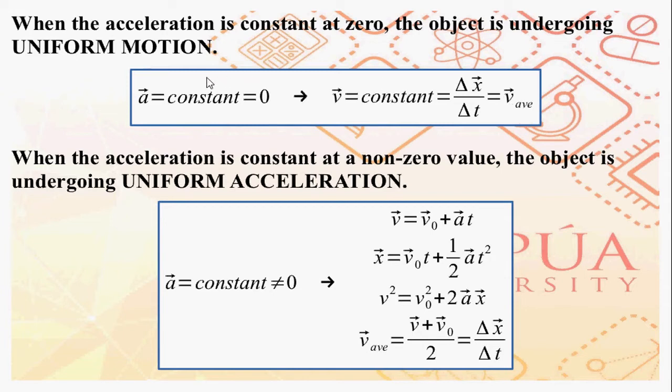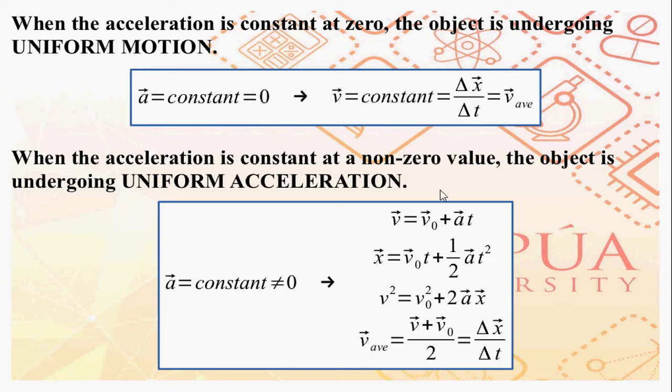On the other hand, when the acceleration of the object is constant at a non-zero value, the object is said to be undergoing uniform acceleration, or uniformly accelerated motion.